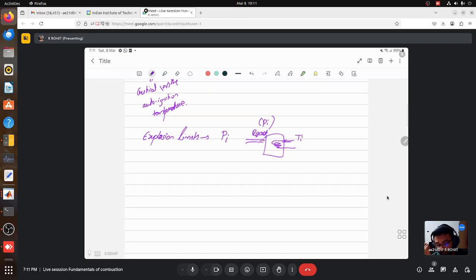You vary the Ti slowly according to your requirement. Now the critical temperature at which the ignition and a subsequent rapid pressure rise occurs is recorded. So your pressure rise is recorded here.